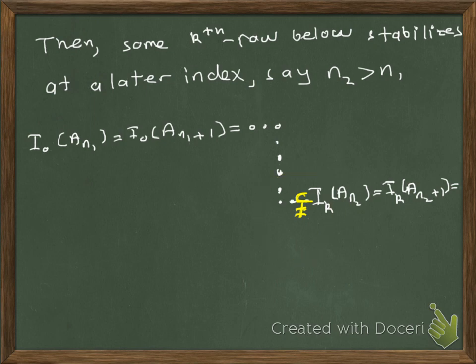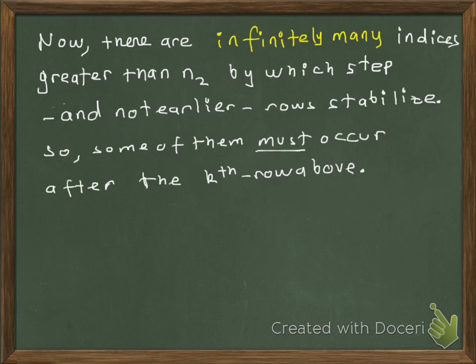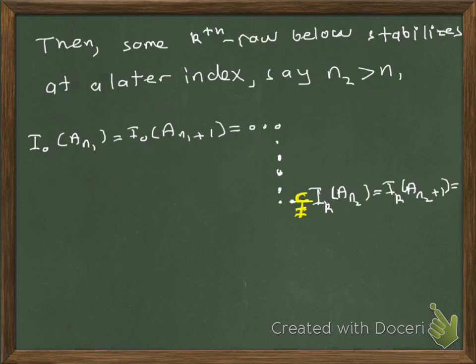Okay. The real inductive part is this. There are infinitely many indices greater than n2, by which step, and not any earlier, some rows stabilize. So this means infinitely many rows stop later than the n2 point.